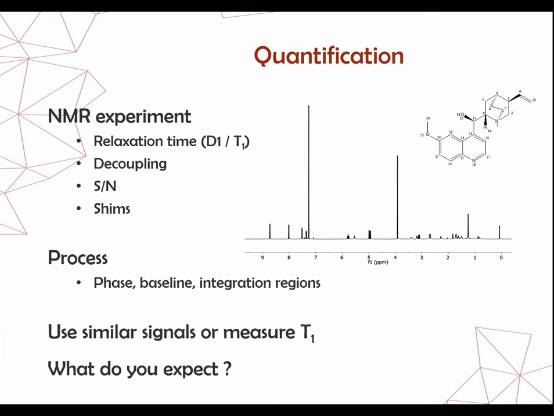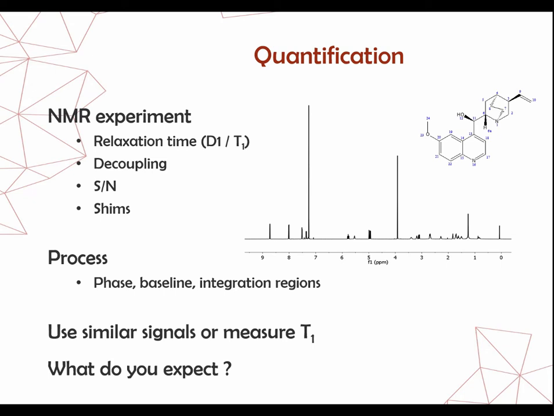And if you just want to count how many protons you have on each site, usually routine conditions are okay. Okay, so it's best to ask you. If you want to be really quantitative, the best way is to measure T1s. Okay, thank you.